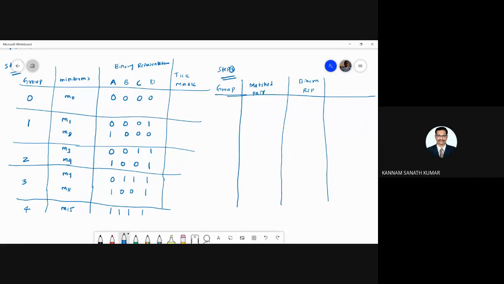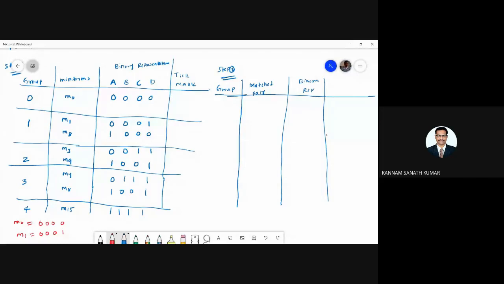Match the pair that will differ by only one variable. Suppose I am matching m0 and m1. m0 is 0 0 0 0, m1 is 0 0 0 1.